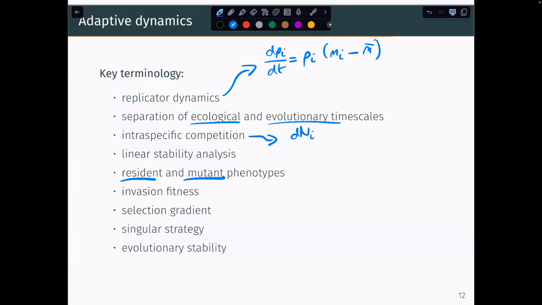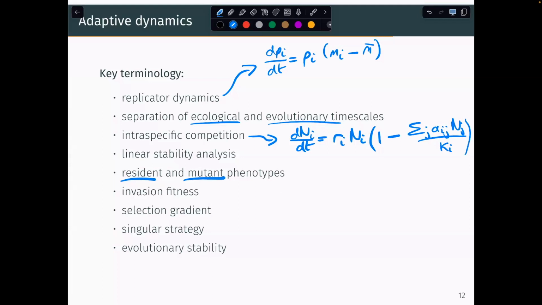This was just a case of thinking about if N_i is the number of individuals of a particular phenotype with intrinsic growth rate r_i, then its growth rate is going to have this density-dependent term here: a_ij times N_j over K_i, where a_ij is the strength of competition between individuals with phenotype j and phenotype i.